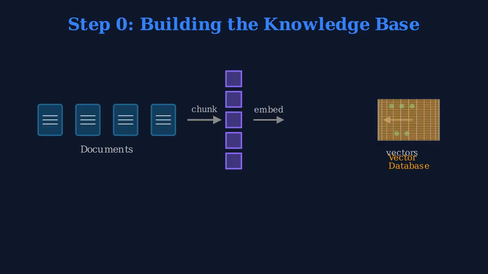Each chunk is converted into a vector, a list of numbers that captures its meaning, using embedding models. These vectors are stored in a vector database, which is built for one job: finding pieces of text that are semantically similar to each other. So whatever text we write, its meaning is turned into vectors and stored there. This is the indexing process.